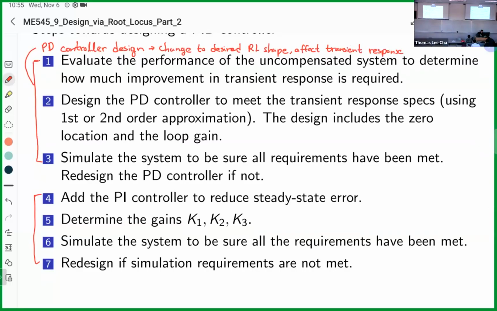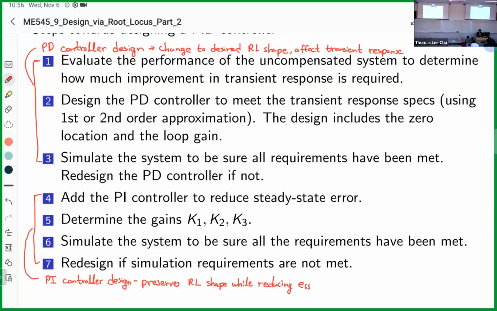Now, once we do that, we don't want to change the root locus shape anymore. So that's when we do the PI controller design, which more or less preserves the root locus shape while reducing steady state error.